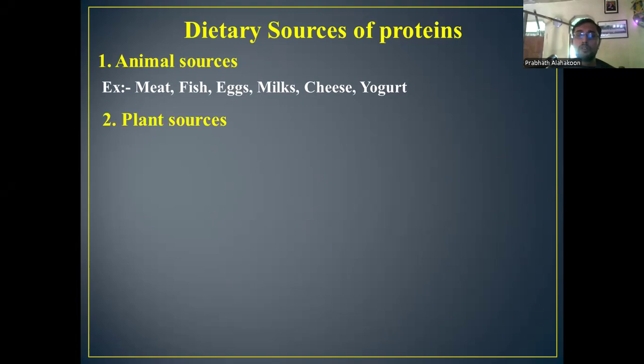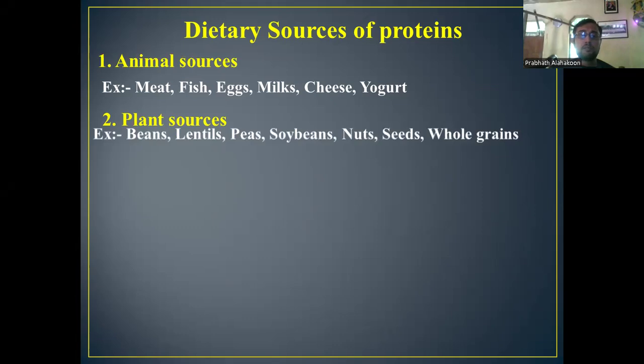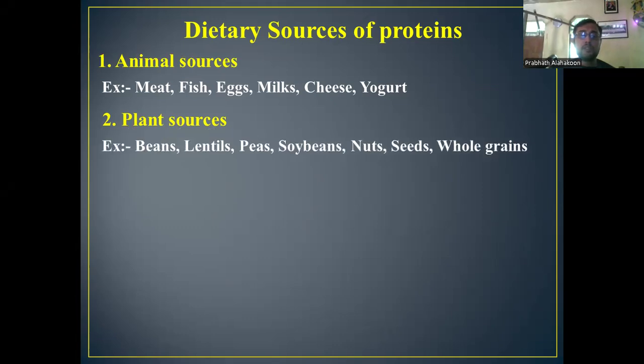Then plant sources. Examples of plant sources are beans, lentils, peas, soya beans, nuts, seeds, and whole grains.